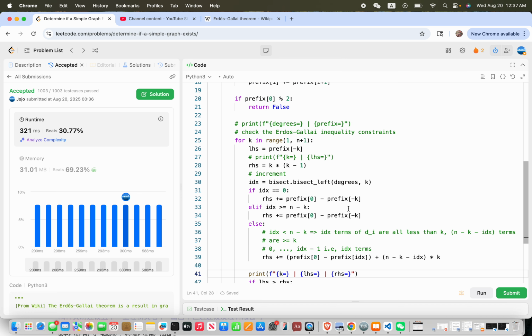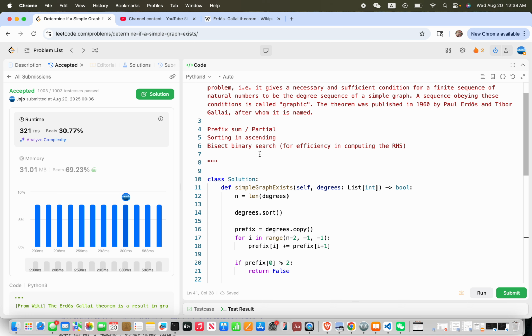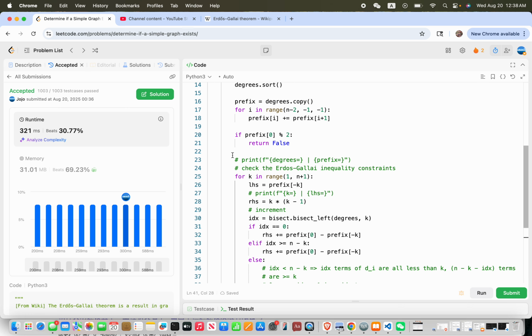Overall, I would say this problem is not a pure coding problem. It's a graph theoretical problem. If you do not know this Erdos theorem, it's not easy to solve this problem. So this is by no means trivial. This is the one thing. Another thing is that if we know this theorem, checking the condition is also non-trivial.